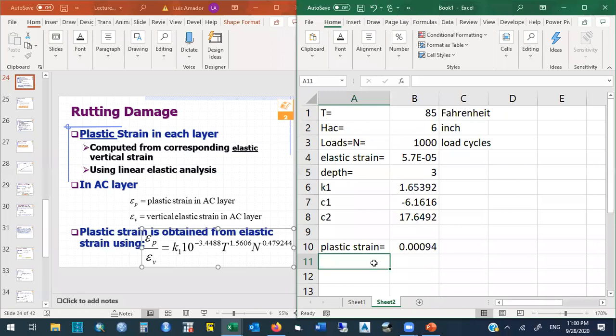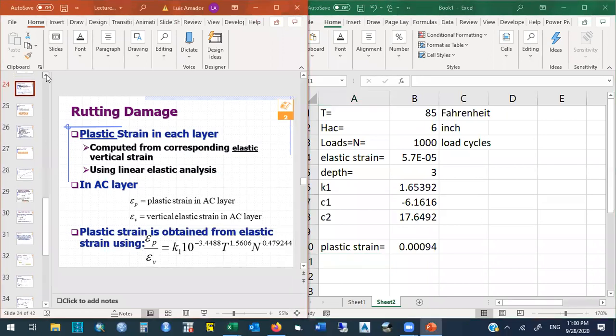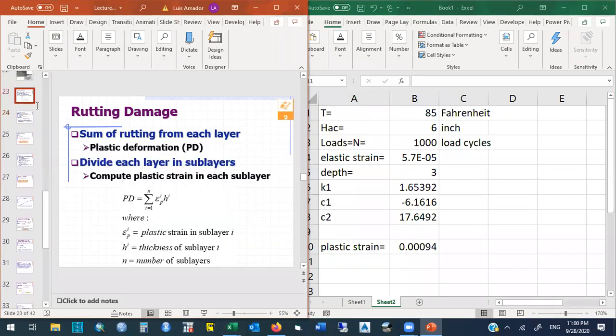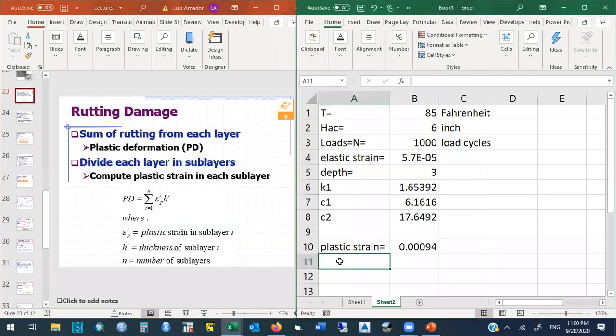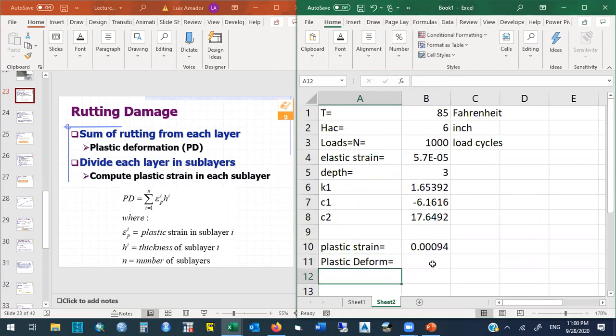And, right, if I know the thickness, I can go to the previous, which is here, and I can say my permanent or plastic deformation is simply the multiplication of the plastic strain by the thickness of that layer. And this will be in inches, right? Yes.